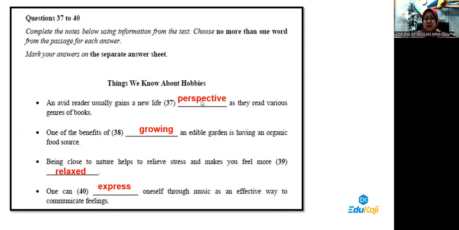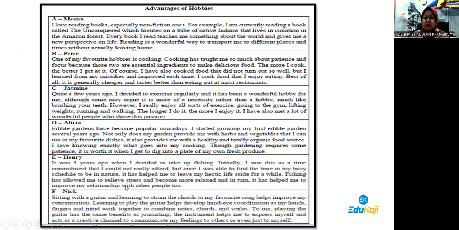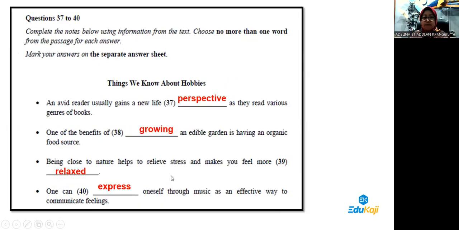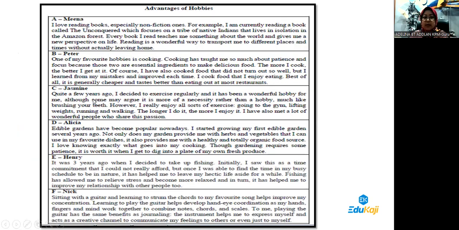Where do I get these particular answers? The answers that I got here are from all here. Okay, for example, an avid reader usually gains a new life perspective as they read various genres of books. Now, if I were to look back at here, who is the person who likes to read books? See, Nina. Nina, what did she say? I love reading, especially non-fiction ones.